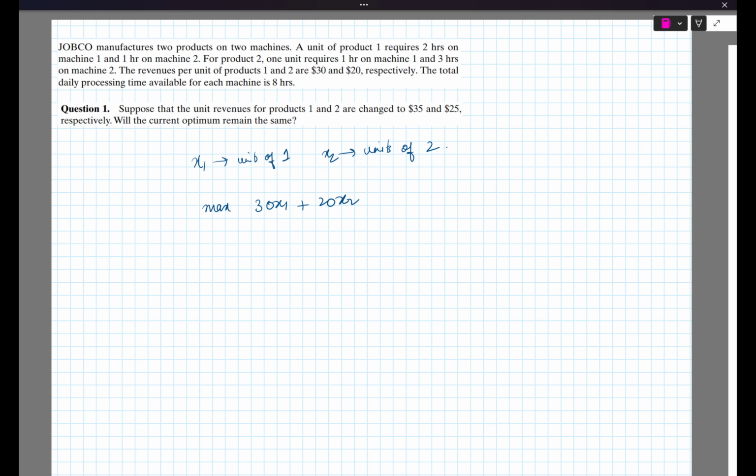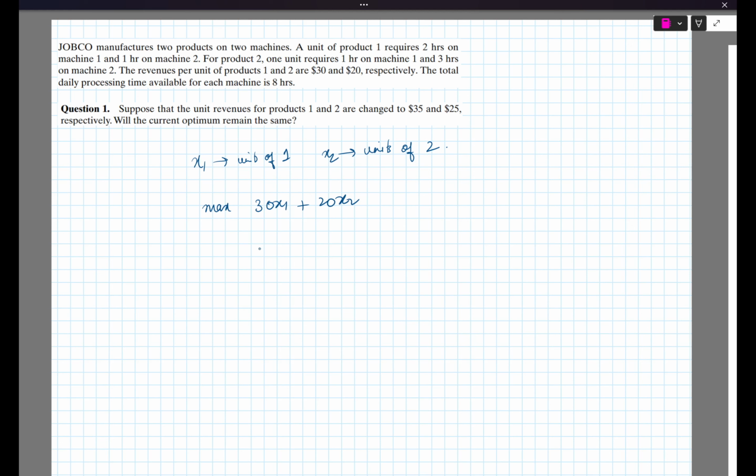What are the constraints? Product 1 requires 2 hours on machine 1 and 1 hour on machine 2. For each machine there is only 8 hours.